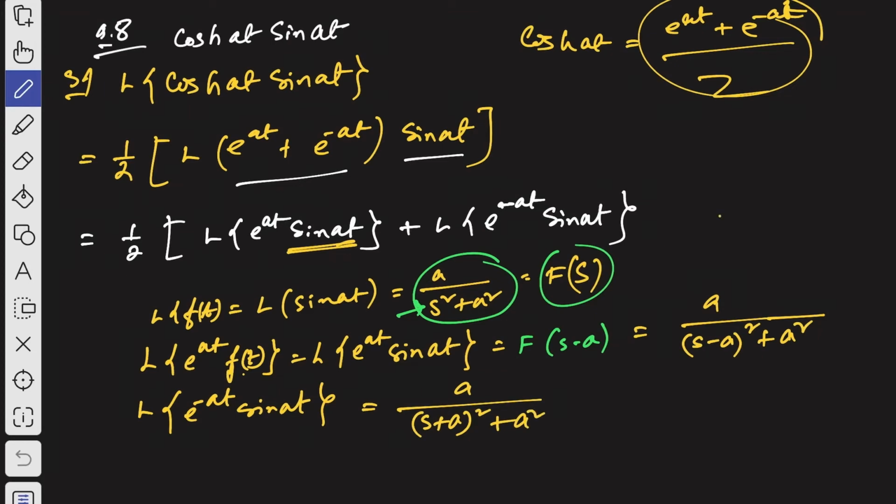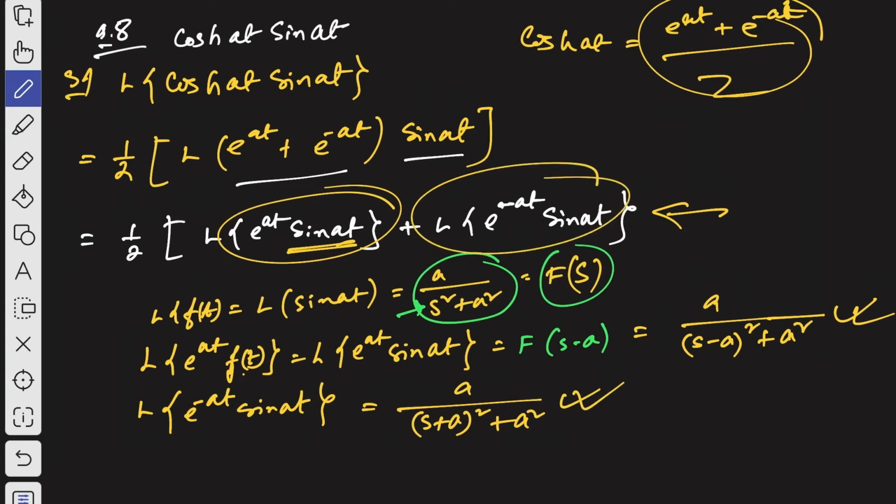Now let us use these two values here. Let us use this first value for the first term and this second value for the second term.